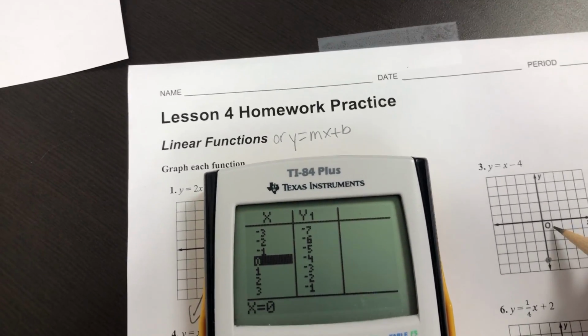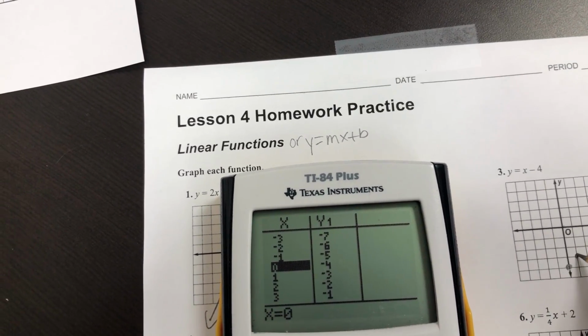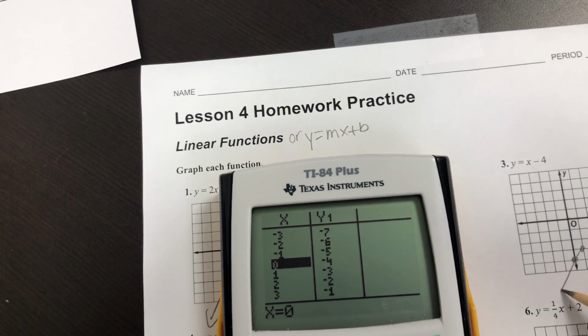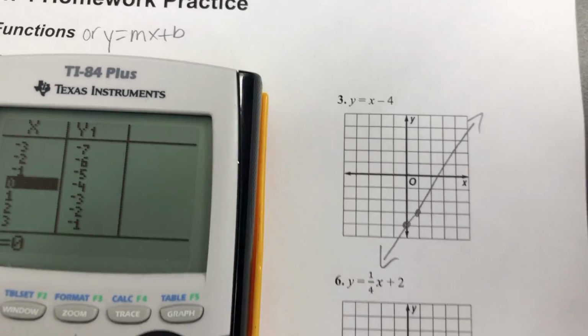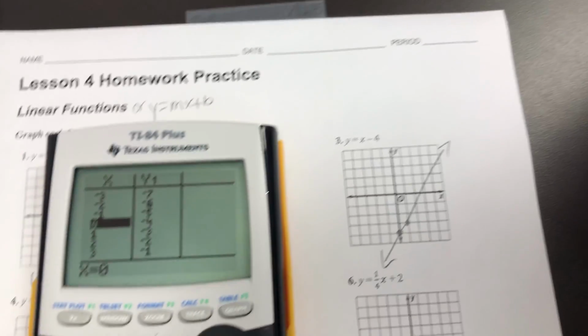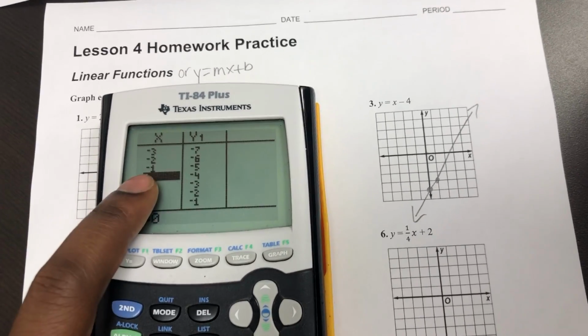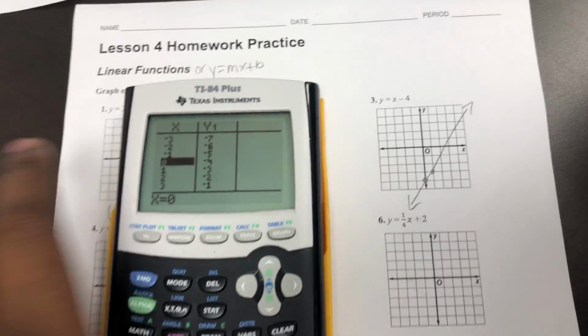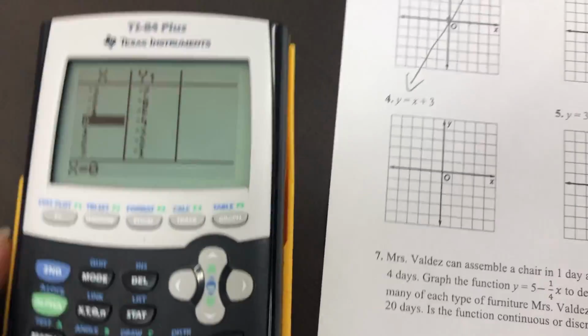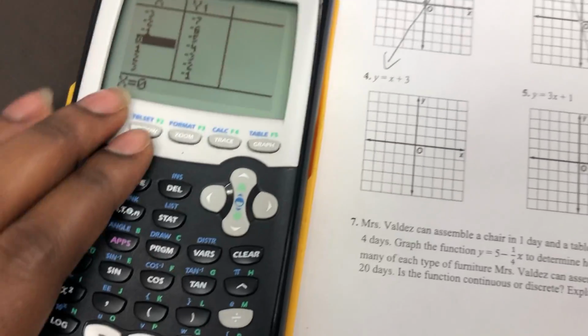So 1, negative 3. 1, 2, 3. There you go. So any 2 points, I would highly suggest that just one of those points be the y-intercept, and then the second point, whatever other point that you would want. As long as it can fit on the graph, you're good.